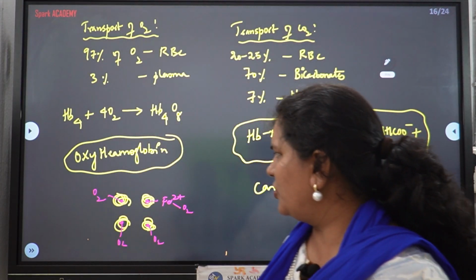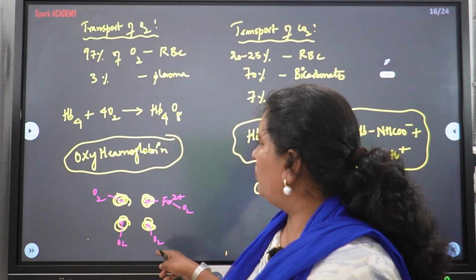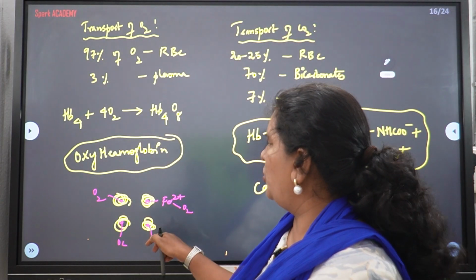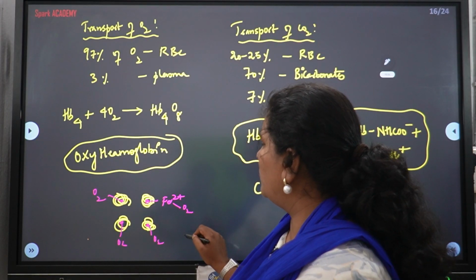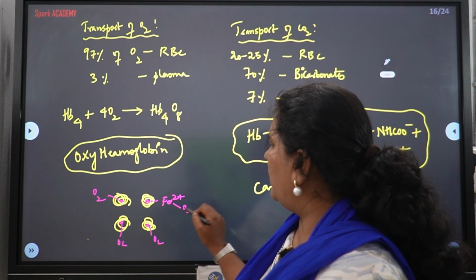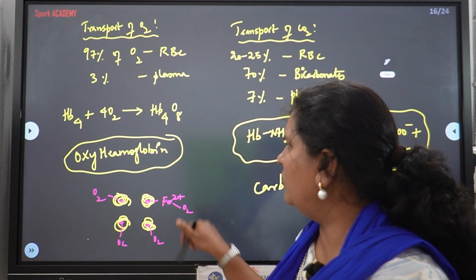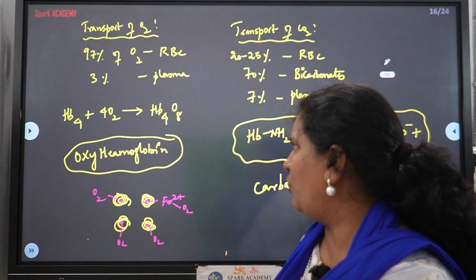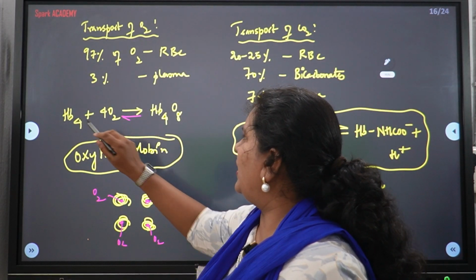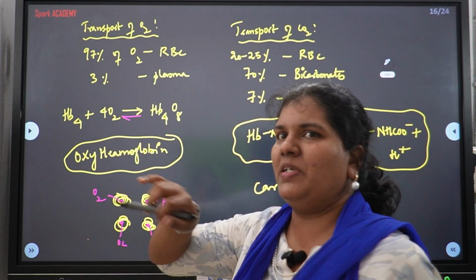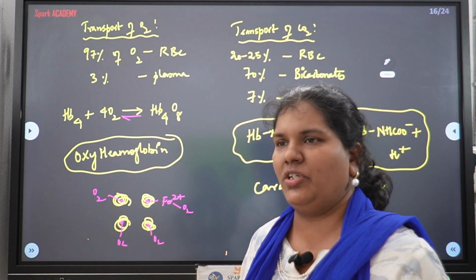Okay, so the structure of hemoglobin, as I told you, is a protein molecule having 4 polypeptide chains. Each polypeptide chain will have a heme group. In the heme group, we have Fe2 plus. This heme group binds to oxygen. How many oxygen molecules? 4 oxygen molecules, and oxyhemoglobin is formed, which I told you is a reversible reaction. Where does binding take place? Binding takes place in the alveoli region, and dissociation takes place in the tissue region.